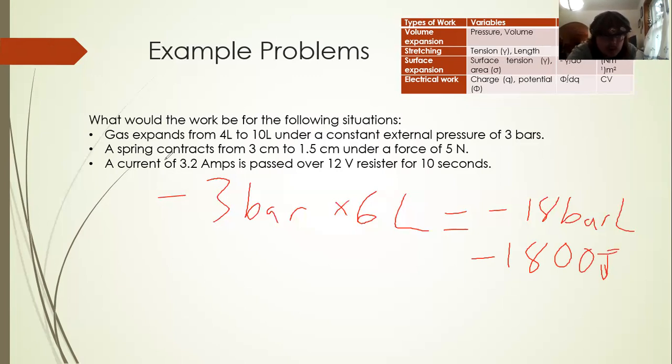A spring contracts from 3 to 1.5 centimeters, force of 5 newtons. So insert the tension, negative 5, length, 3 to 1.5, so it's negative 1.5 centimeters. But we need to turn this into meters. This is Newton, so this is good.